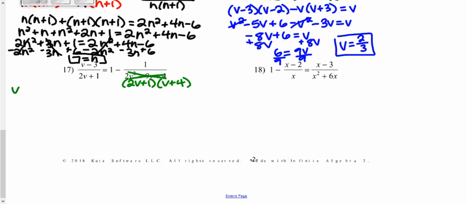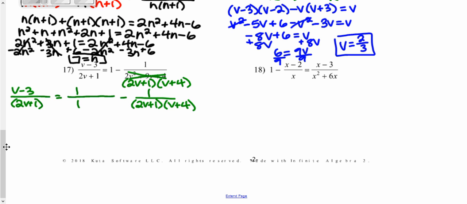So I have v minus 3 over 2v plus 1 equals, let's call that a 1 over 1, minus 1 over, I'm going to use the factored form, 2v plus 1 and v plus 4. So my goal is to get all the denominators the same. A couple of them already have a 2v plus 1.